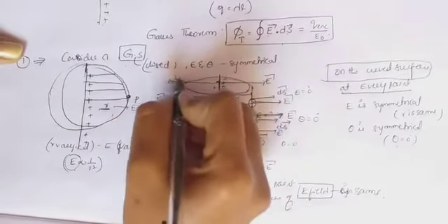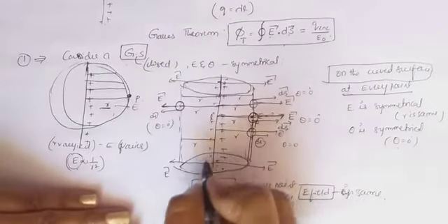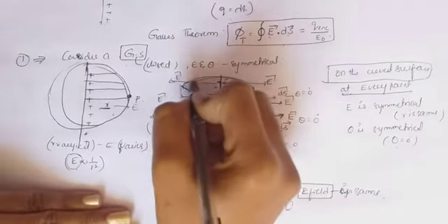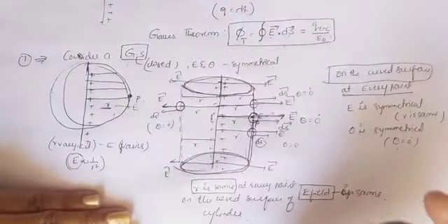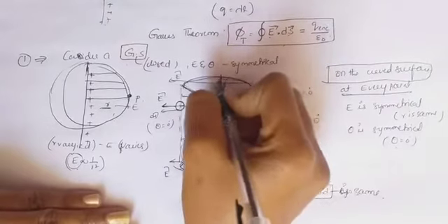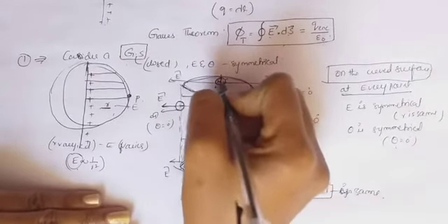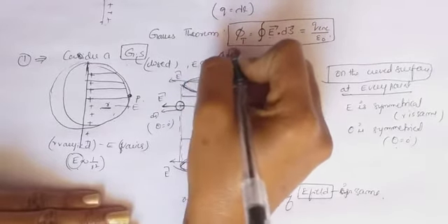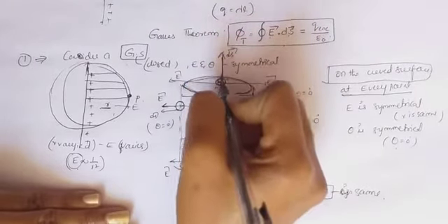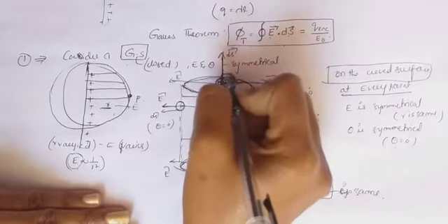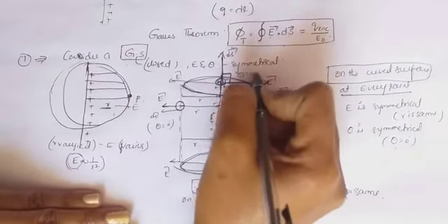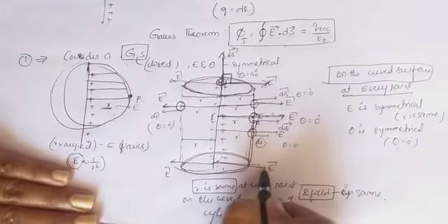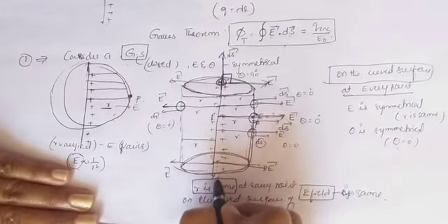At this side also this is the electric field direction, but the area vector is always normal to the surface, so on this flat surface it is normal and outward. If you take a small area element here, this is the area vector, ds, and this is the E vector. So here the angle theta is equal to what? 90 degrees. Here this is the electric field vector and this is the area vector, ds.